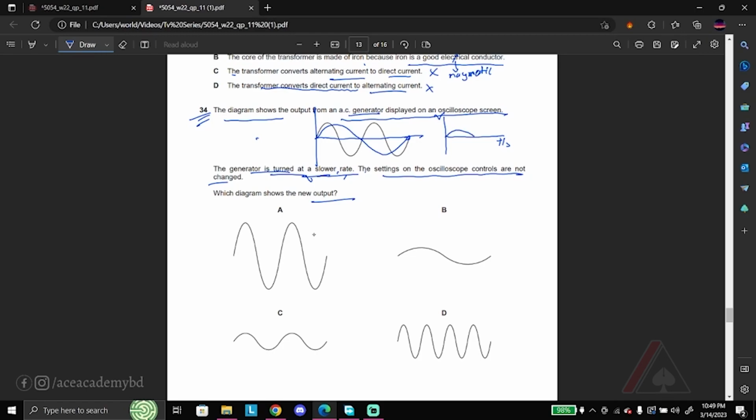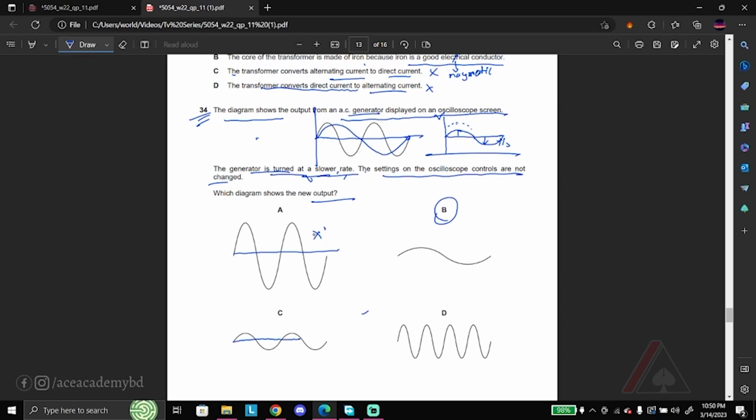So it will look somewhat like this. It was initially at a point like this, but due to the change in voltage too, the amplitude also decreases. So the graph that's similar to the one I drew here, it's B. The answer would be B. If you look at the other ones, here the amplitude is increased, which won't be the case.